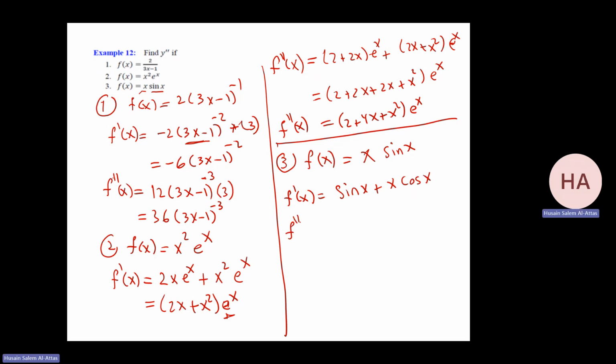That will be the first derivative. Second derivative, be careful. This is cosine x. Here I have product rule. So that will be cosine x plus cosine x minus x sine x. So the answer is 2 cosine x minus x sine x.